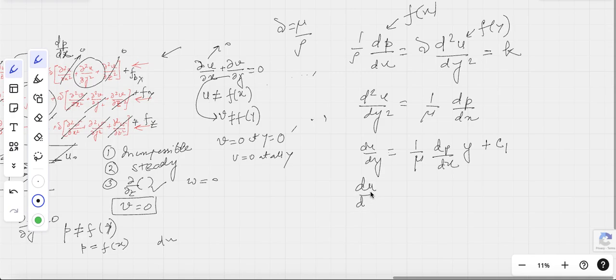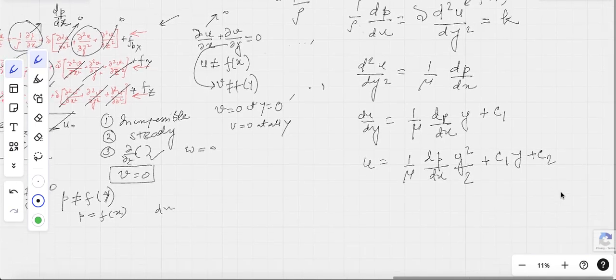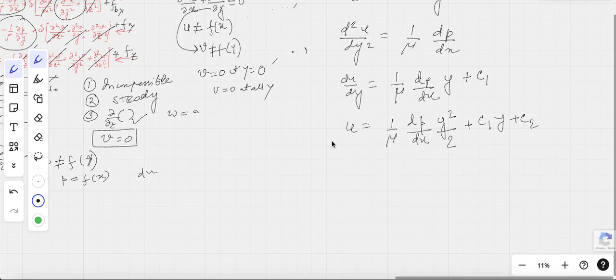So u is equal to 1 by mu dp by dx, y square by 2 plus c1 y plus c2, right? So from the boundary conditions we can find the values of c1 and c2.